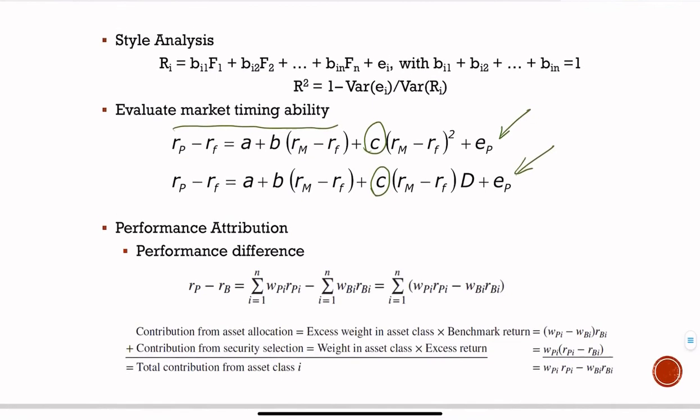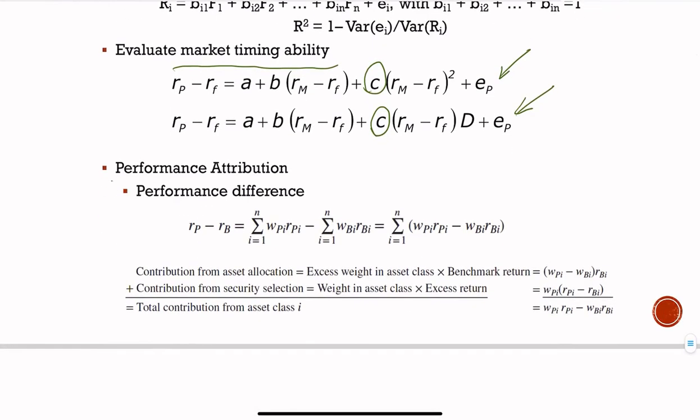And then we talk about performance attribution. This one is important, so you should make sure you understand it. It's actually very easy, and I think it's very intuitive. Basically, you will compare your portfolio with a bogey portfolio. This bogey portfolio is really a fancy name for a benchmark portfolio.